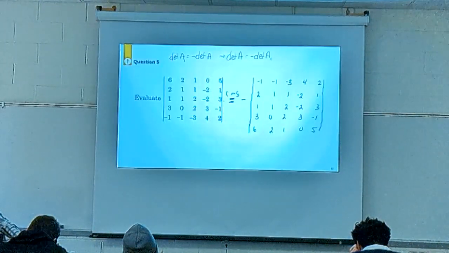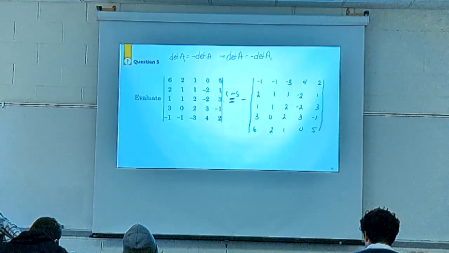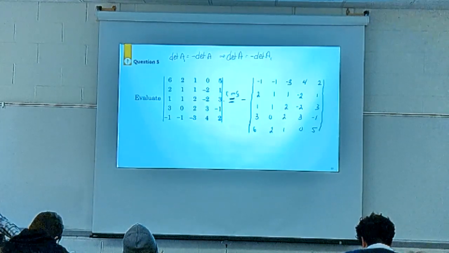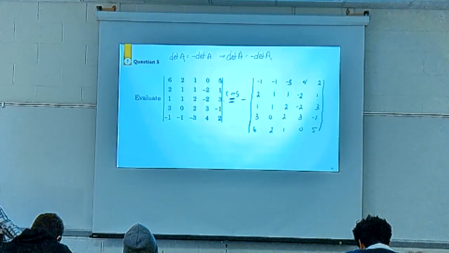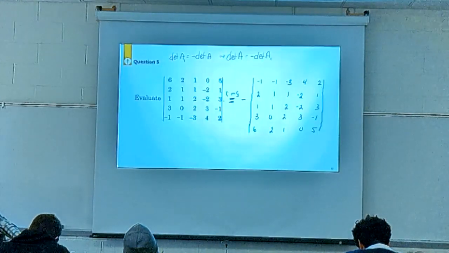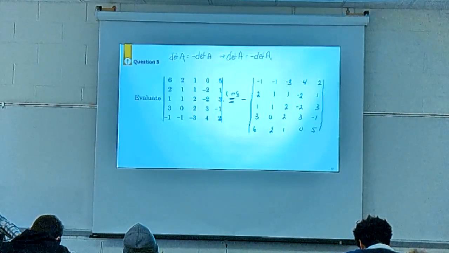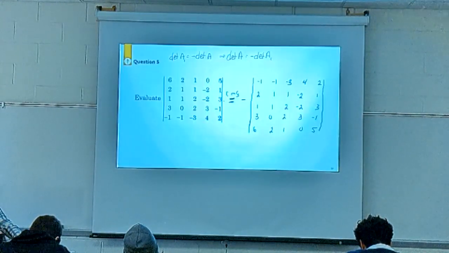Finish off row 3: negative 1 plus 1. Negative 3 plus 2. Four minus 2. 2 plus 3.